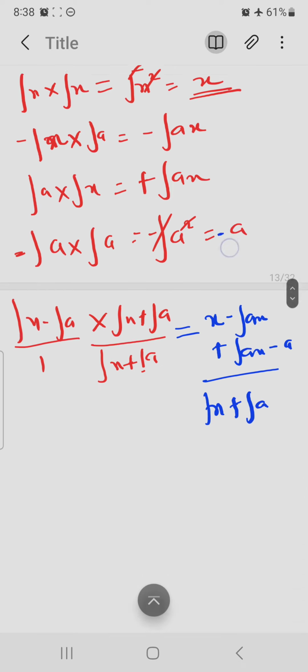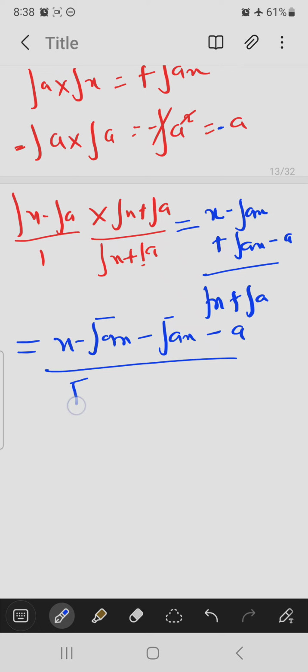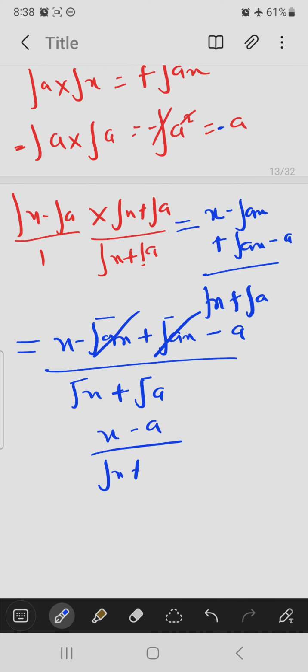So this one will now be equal to x minus root ax plus root ax minus a all over root x plus root a. So this cancels this, plus and minus. So it is x minus a over root x plus root a.